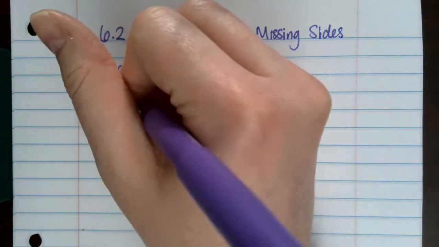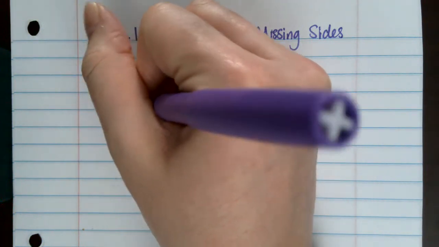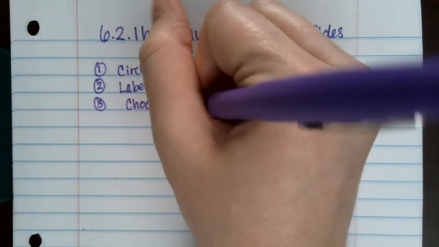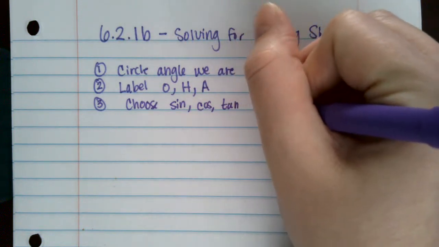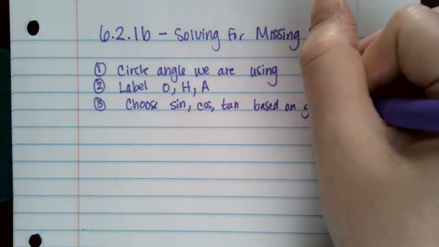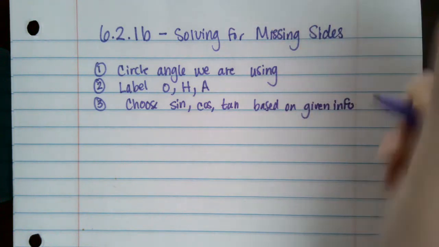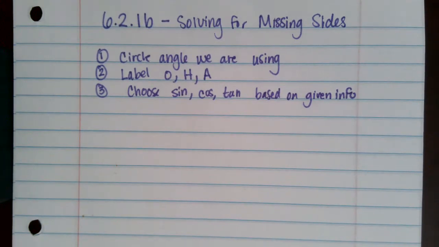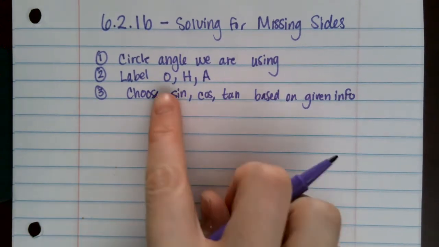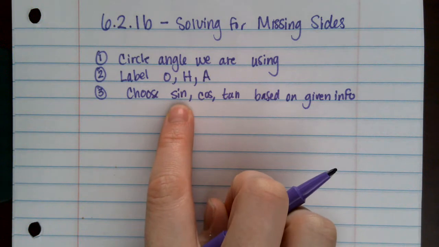Next, we are going to choose sine, cosine, or tangent based on our given info. So remember, if we are only given O and H, we would want to use sine.